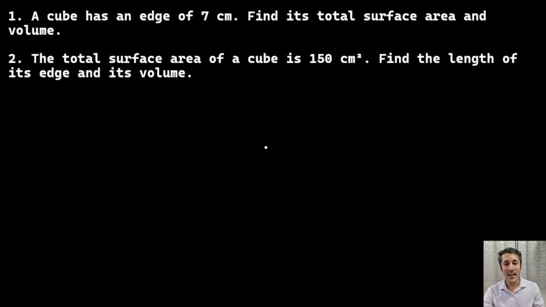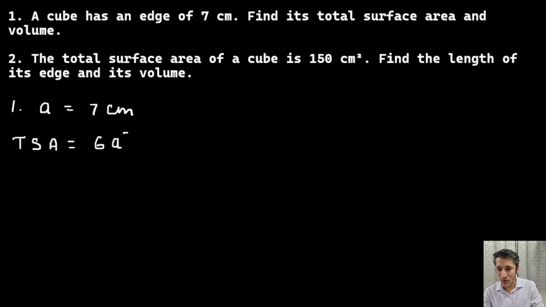Next, let us see how to apply the formulas that we have just learned using a few simple questions. The first question is: a cube has an edge of 7 centimeters. Find its total surface area and volume. We have been given that the edge of the cube is 7, so the value of a is 7 centimeters. First, we need to find its total surface area. In short, we write TSA, total surface area, is equal to 6a squared.